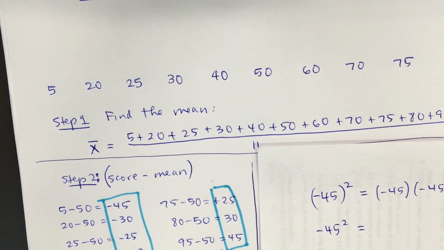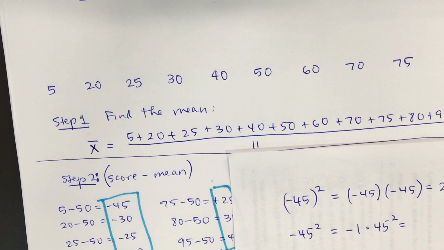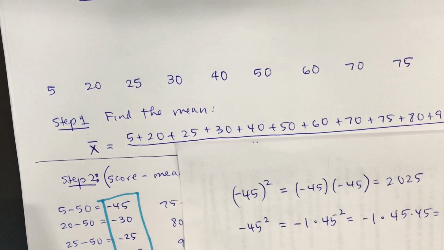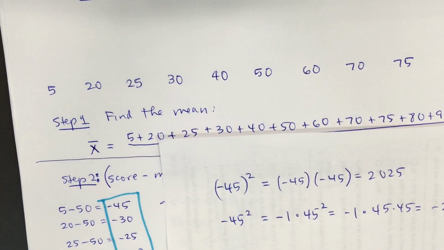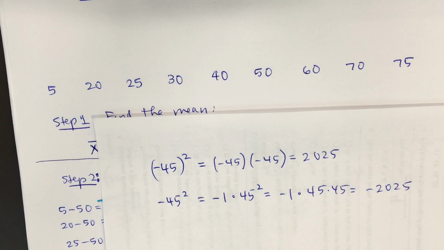Without the parentheses, it's this. It's like negative 1 times 45 squared. And the negative does not get the square. So that's negative 1 times 45 times 45. And this is negative 2025. Now, I mentioned this to you, because calculators are all different.